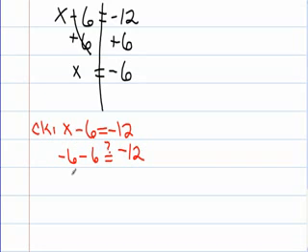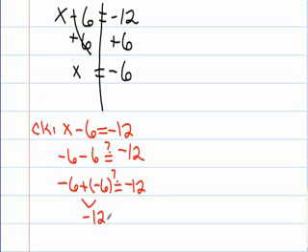And I want to see if negative 6 minus 6 will equal a negative 12. Well, if we remember, we're going to use leave, change, change. So let's leave this as a negative 6, change this to addition, change this to its opposite to help us solve our equation.